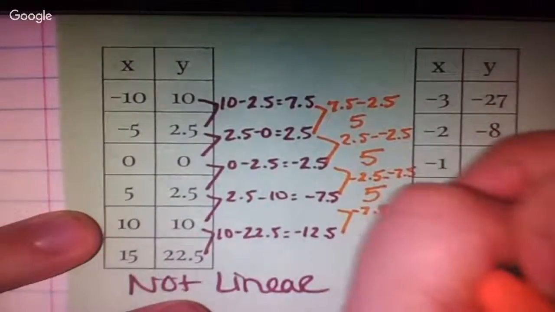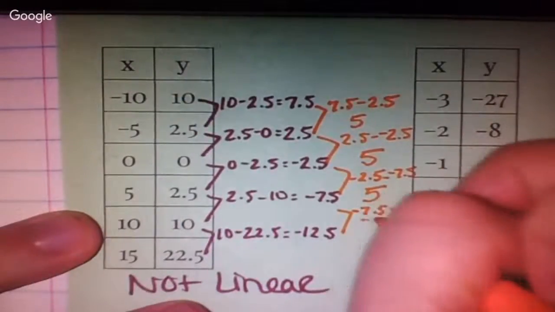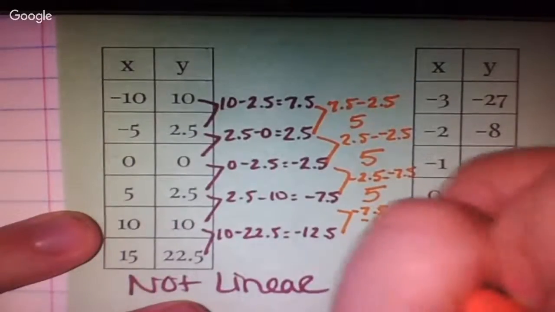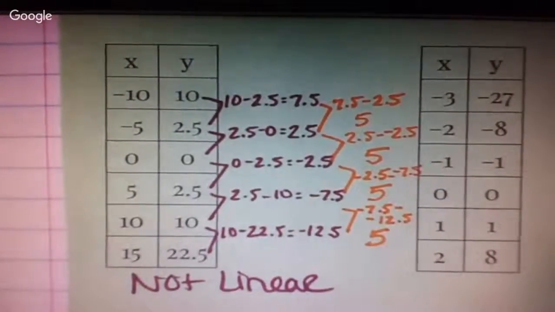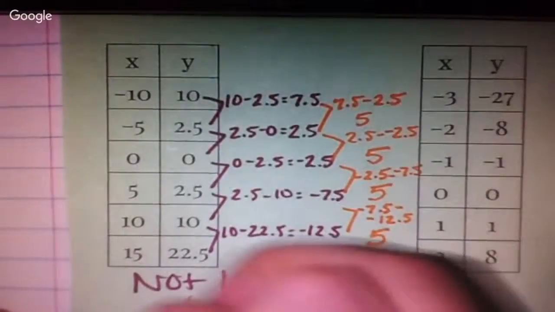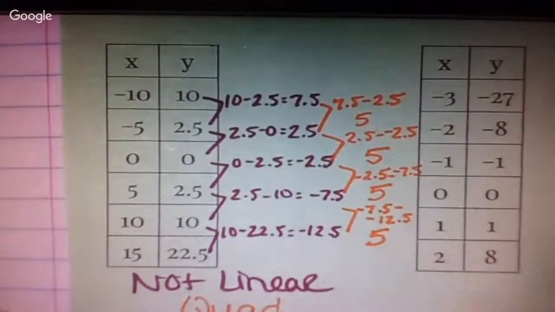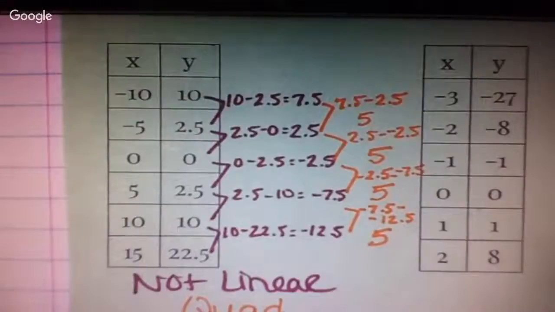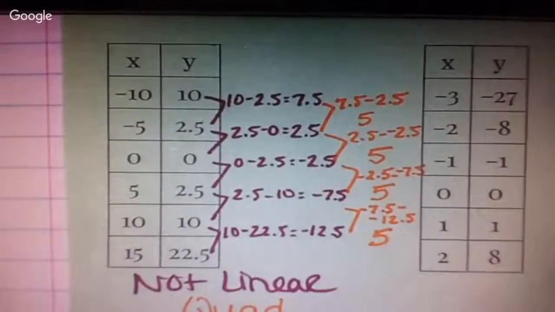And negative 7.5 minus a negative 12.5. Oh, just wait, because I'm going to show you another cool thing with the calculator after this. I love the calculator. It's my favorite.